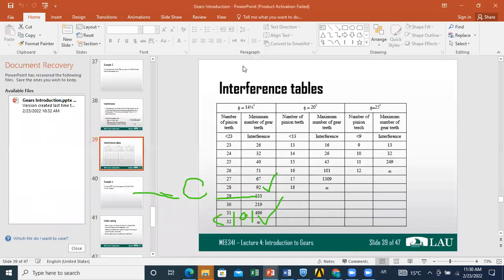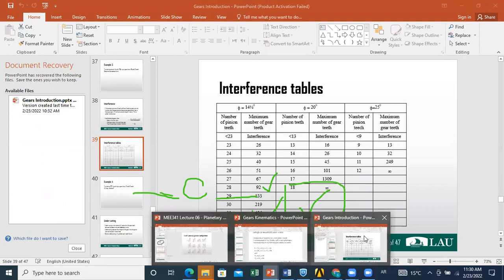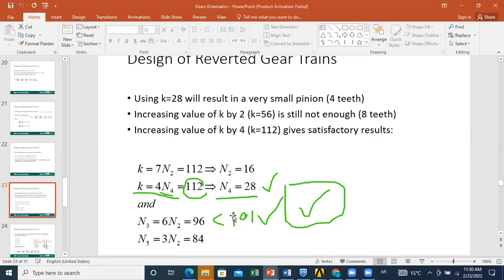So if you go to your table, any number of t's above 18 will lead to no interference. So I am okay with any choice here. This is why I can say that for the following result, for N4 equal 28 and N5 equal 3 and 284, I am fine. Okay.